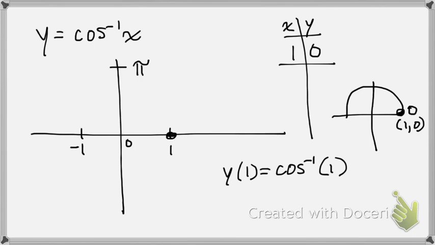Okay. And then if I do a -1, the inverse cosine of -1 is pi. So it's going to be this point over here. All right. And then I need to do a cosine curve, because that's the inverse of this. Well, where would it be?